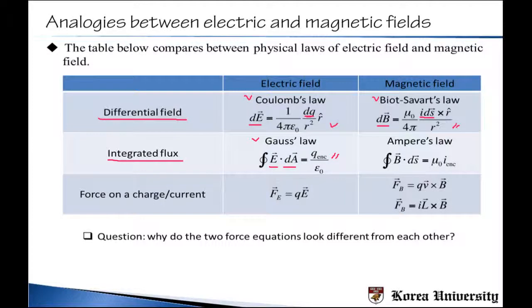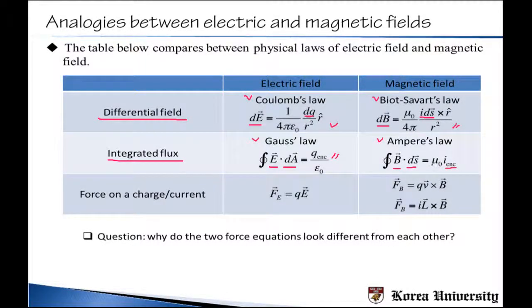The counterpart for the magnetic field is Ampere's law. Here, if you integrate the magnetic field going around a closed loop, which we call an Amperian loop, you get a value proportional to the total amount of current enclosed by this Amperian loop.